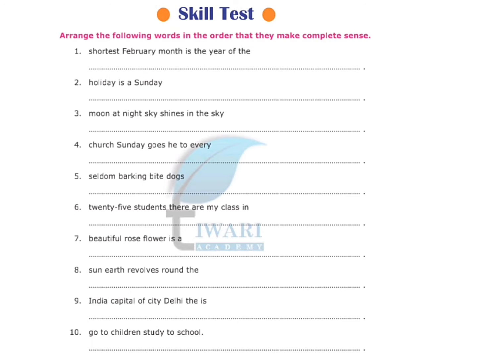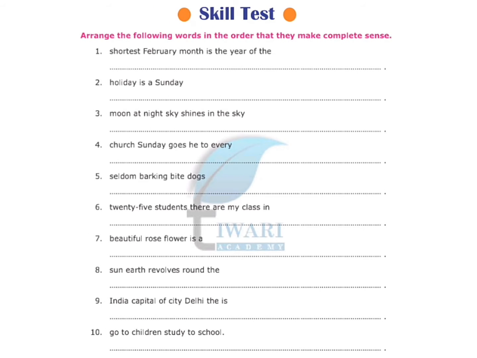Rose is a beautiful flower. Earth revolves around the sun. Delhi is the capital city of India.